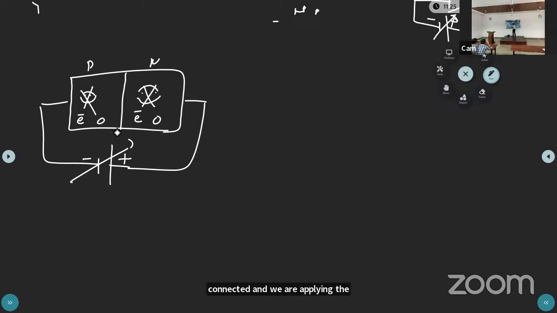After breaking the covalent bonds, what will happen in the PN junction diode? In the p-type semiconductor, electron hole pairs are there, right?